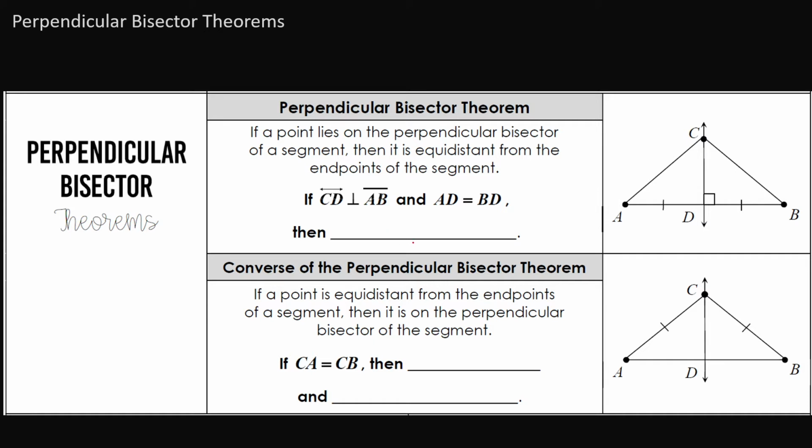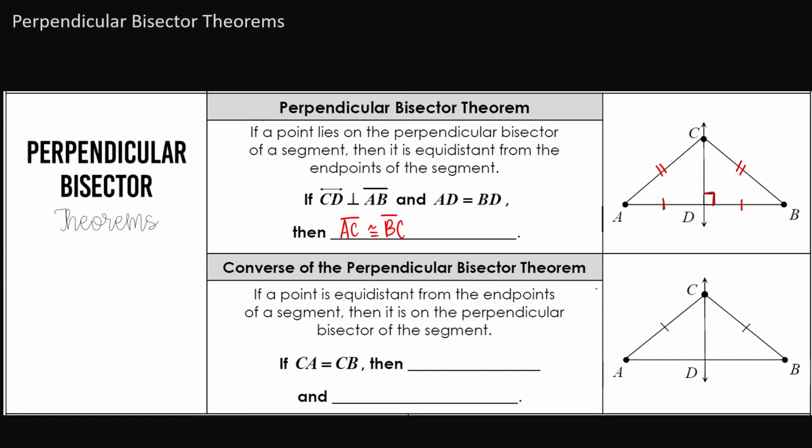In shorter terms, if line CD is perpendicular to segment AB in the triangle, and we know that AD is congruent to BD, meaning it's been bisected, then we know that side AC is congruent to side BC. So AC is congruent to BC, is what we're saying here.